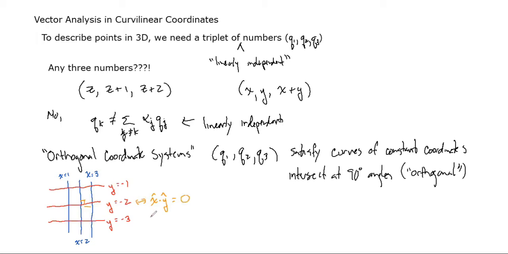And for other orthogonal coordinate systems, this generalizes. This is worth me trying to draw the picture because maybe you didn't 100% appreciate this. So this is for rectangular or Cartesian, depending on how you like talking about it. I will do my best to draw the same idea in spherical coordinates.